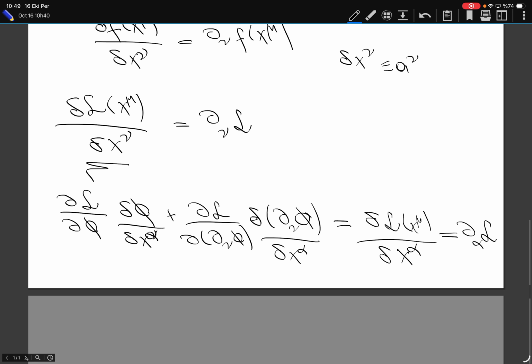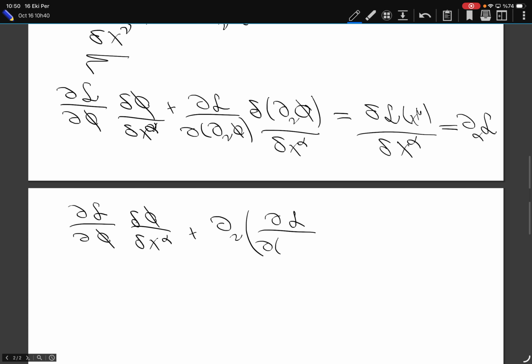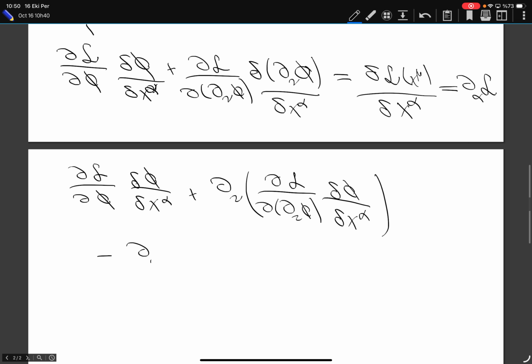So this equation should be satisfied. Now we will do the same trick. The second term, I can write it as, let's say, minus del nu, the derivative of the Lagrangian with respect to the derivative of the field times the variation of the field with respect to x alpha, the shift.